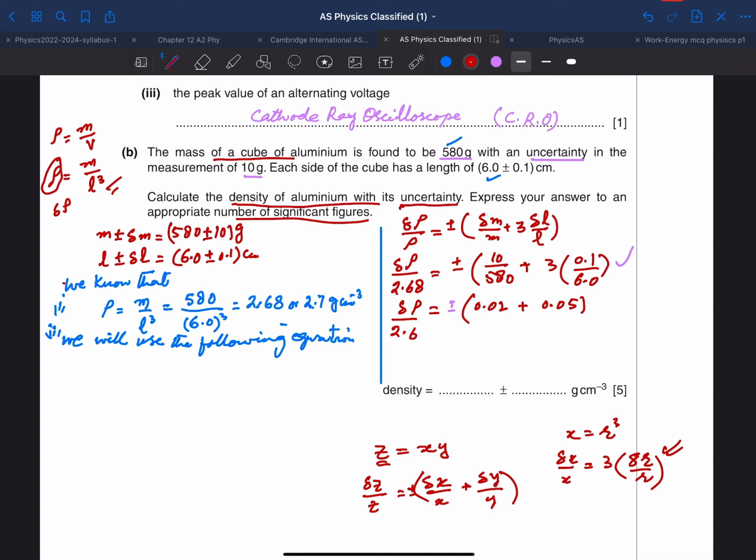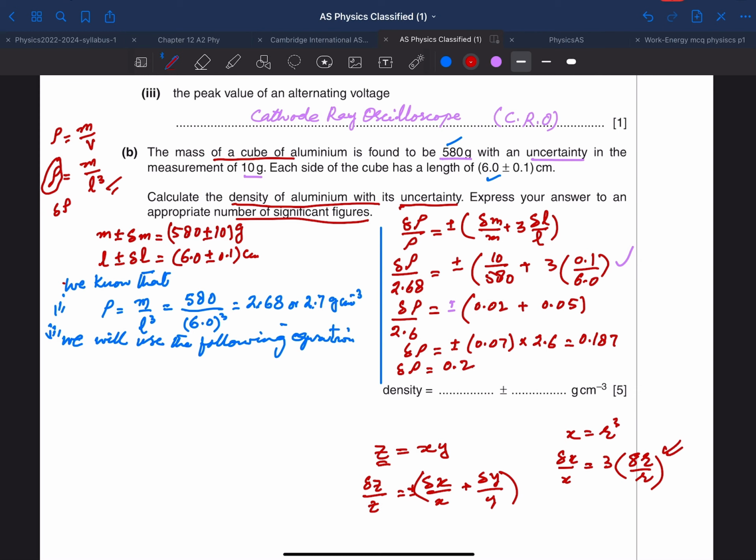So ultimately what you are getting is del rho, and when you use this quantity 0.07, of course you have to multiply by 2.68 on the other side, so del rho is coming as 0.187. Again, as far as the appropriate significant number is concerned, this will be only 0.2.